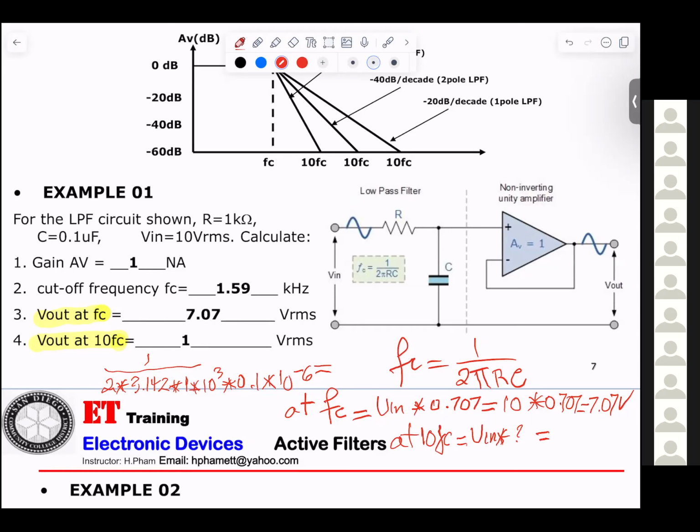First thing you have to find out is what number 10 FC is equivalent to. 0 dB. You're using 20 log of minus 10, right? Oh, 10 dB. No.